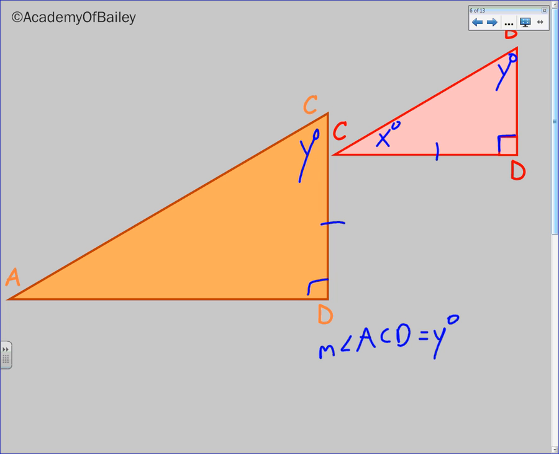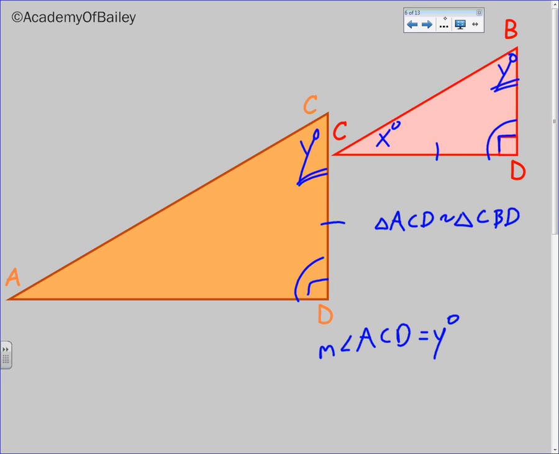So what we have here, though, is one angle, and of course another angle that is congruent. So therefore, triangle ACD is similar to triangle CBD because of the angle-angle similarity postulate.